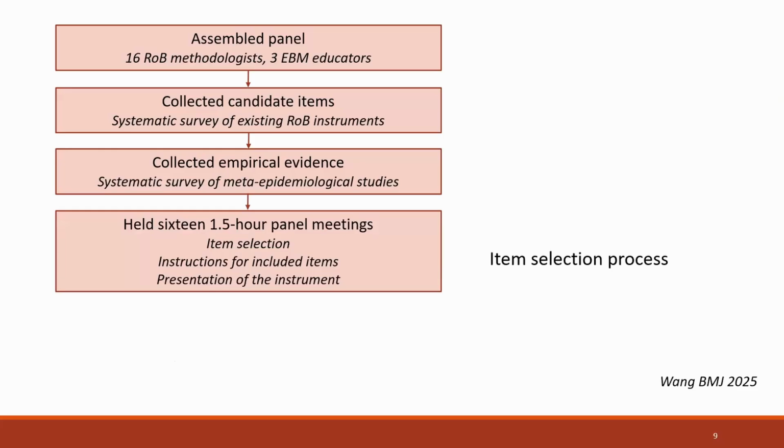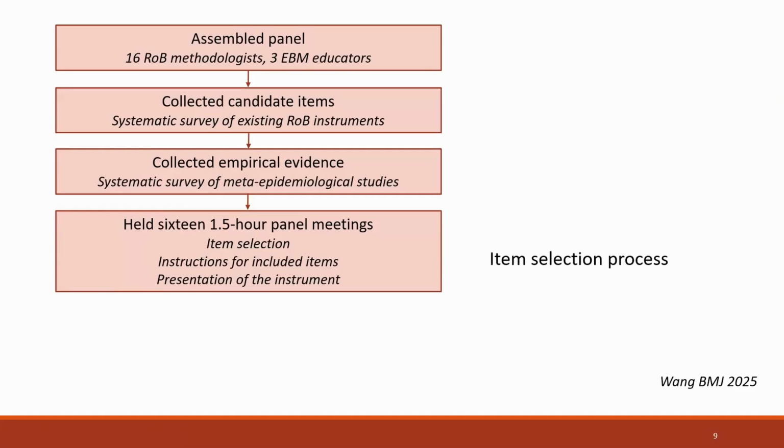So based on these two preparatory studies, we then started our panel meetings. Overall, we held 16 1.5 hour panel meetings to complete item selection, to complete the instructions for included items, and also to decide about how to present the instrument.